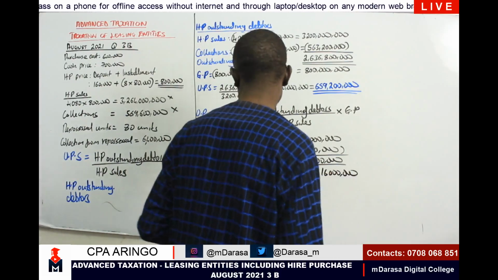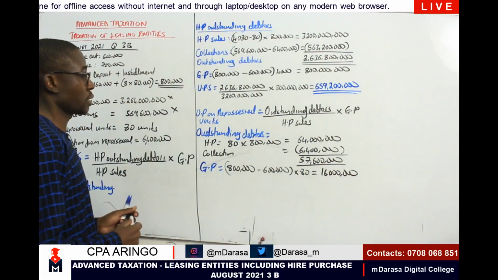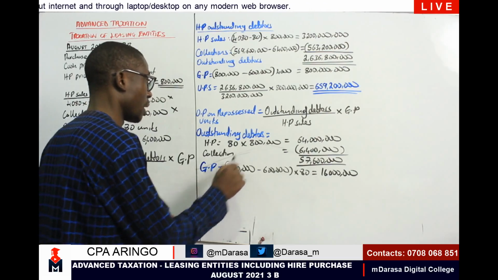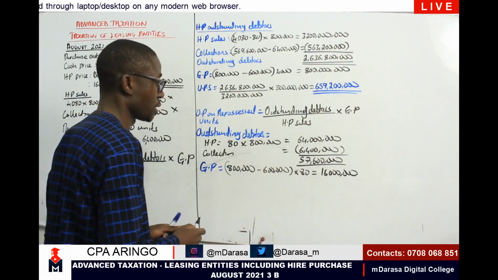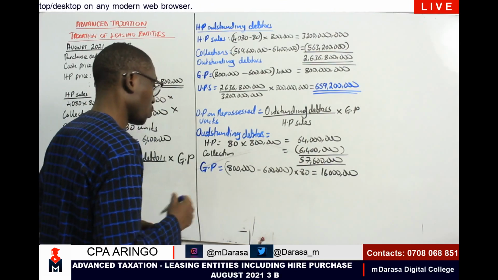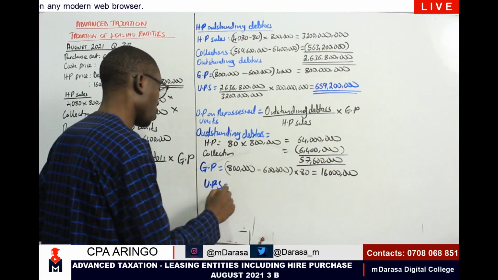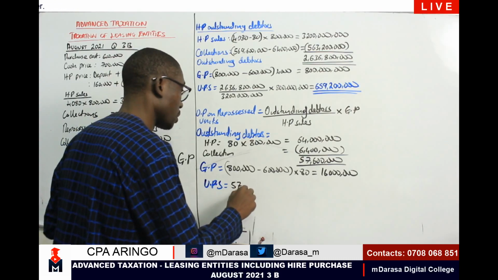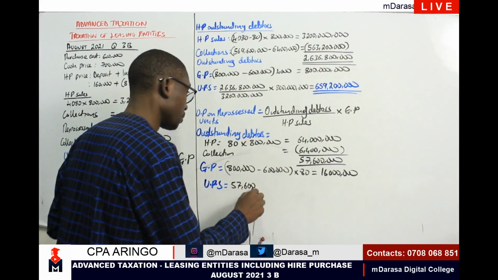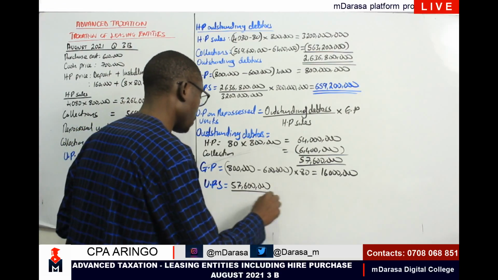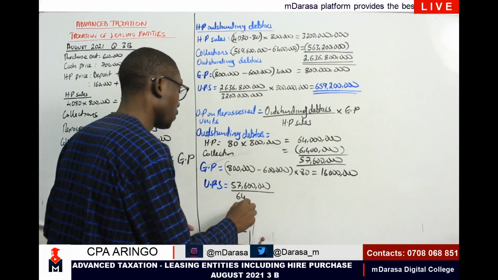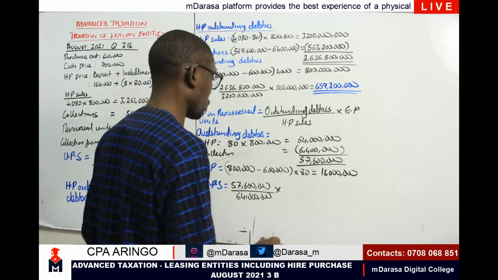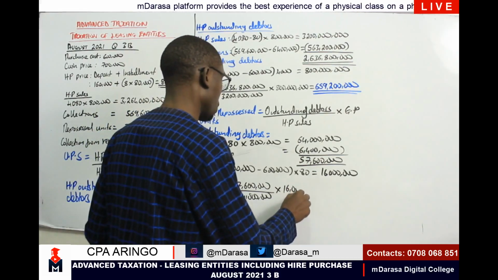So our UPS on the repossessed goods, we should be talking of the outstanding debtors, which is 57.6, divided by higher purchase sales, which in this case is 64 million, multiplied by our gross profit, which we've seen to be 16 million.